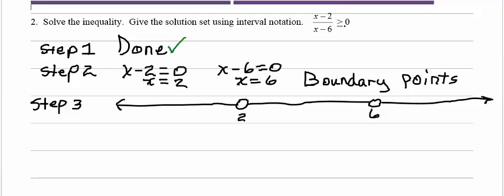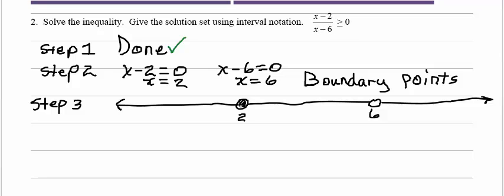Since the inequality has the equals to in it, the number that makes the numerator 0, as long as that number doesn't also make the denominator 0, is in the solution set, because the expression will be 0 when x is 2, because I'll get 0 over negative 4, which equals 0.